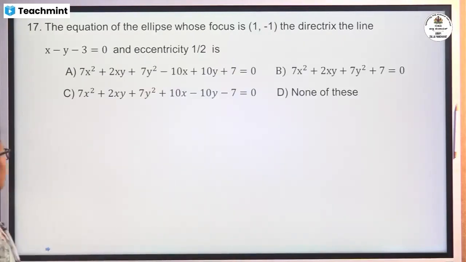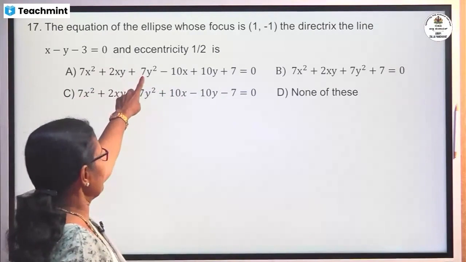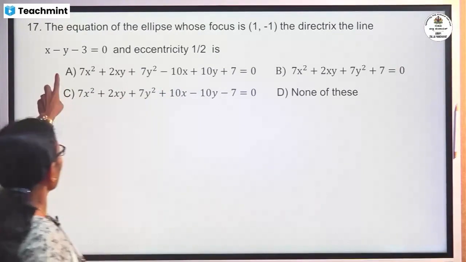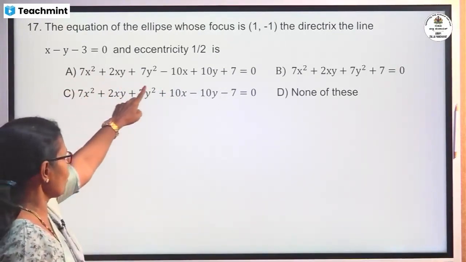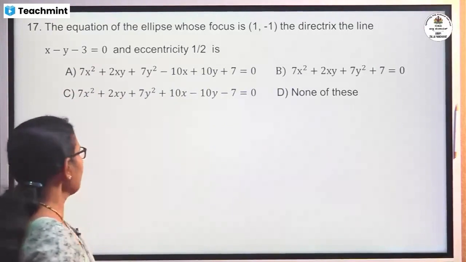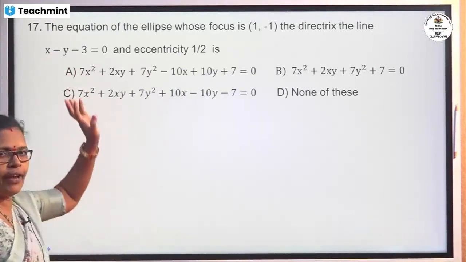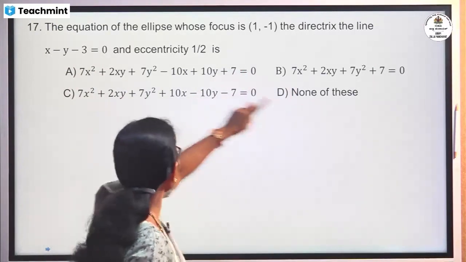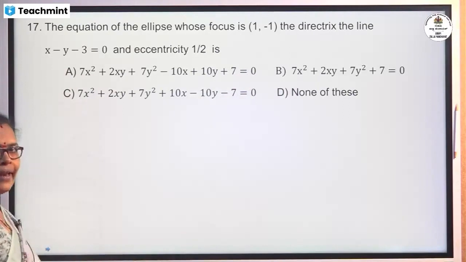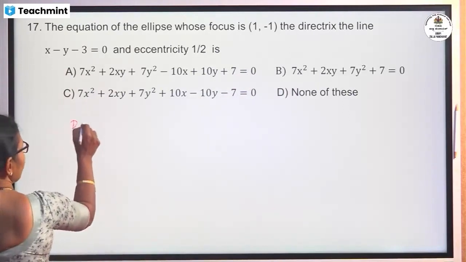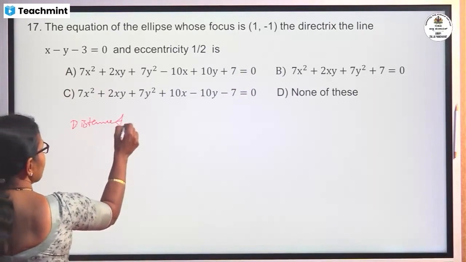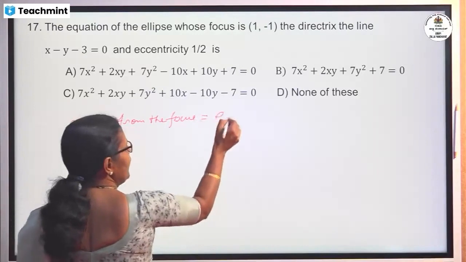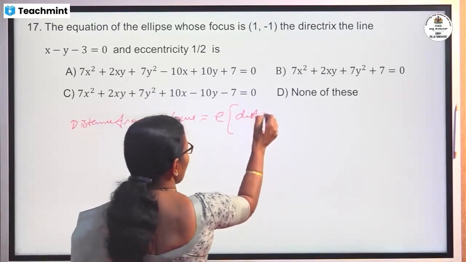Next question. The equation of the ellipse with focus (1, −1) and directrix the line x − y − 3 = 0 and eccentricity 1/2 is. Now find the equation of the ellipse. Focus and directrix are given. We know that in an ellipse the distance from the focus is equal to e into the distance from the directrix.